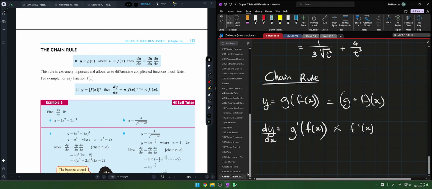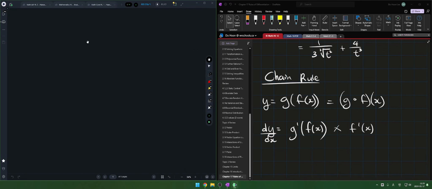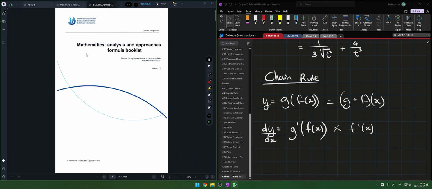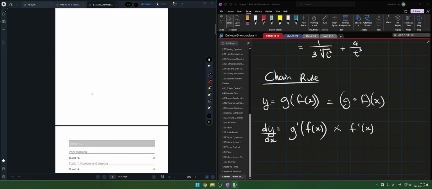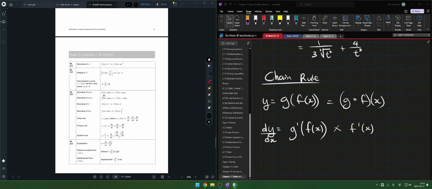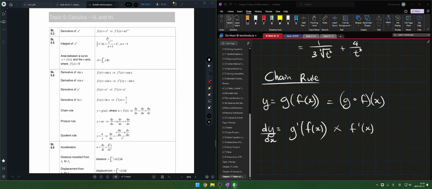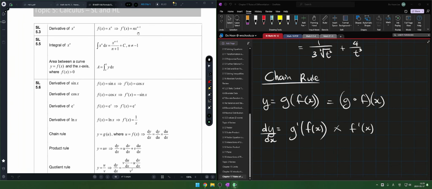I wonder if I can find the formula. Oh, by the way, we have that the derivative of x to the power n is n x to the power n minus 1.